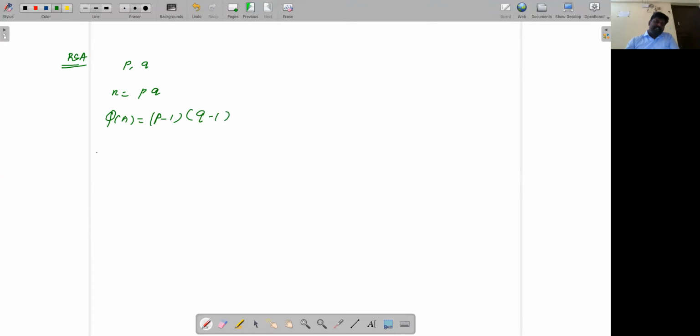For user A, you will select a private key and phi of N. Suppose M is the plain text. E should be selected in such a way that the GCD between E and phi of N should be 1.